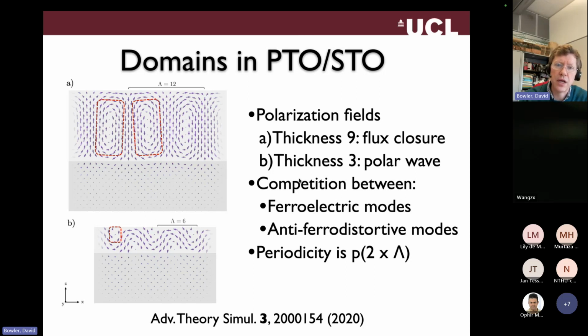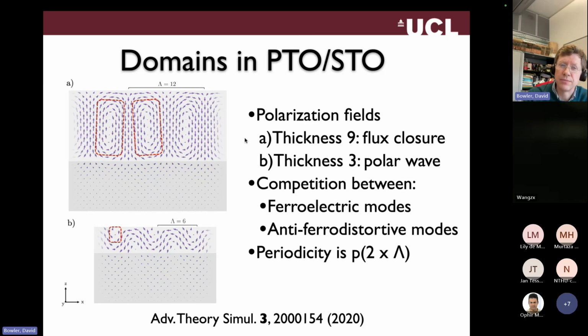And what we're interested in here is, so the top part here, this light gray, is a layer of lead titanate, and then the darker gray at the bottom is a layer of strontium titanate. And the context here is that strontium titanate doesn't normally show any kind of polarization or ferroelectric response, whereas lead titanate does.